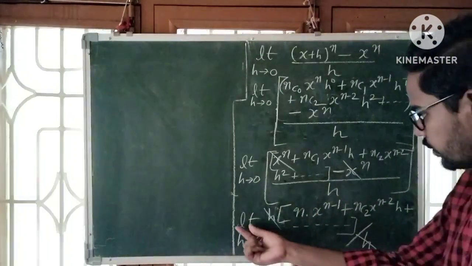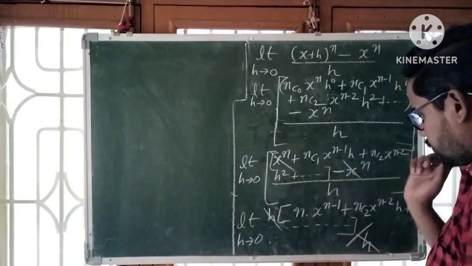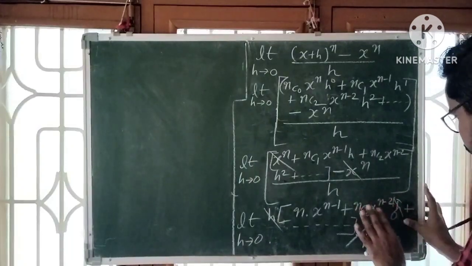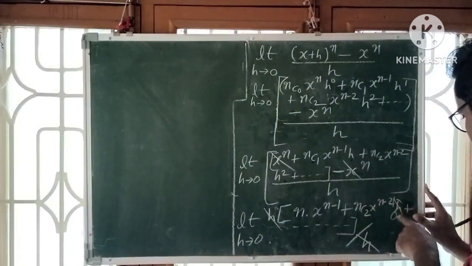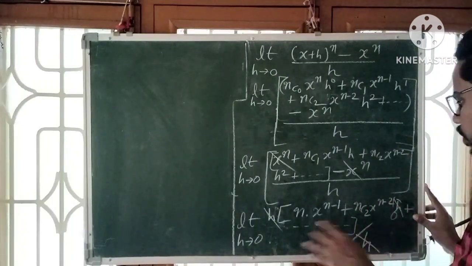So limit h approaches 0, put h is equal to 0 now. If h is equal to 0, then 0 into this term will be 0, next 0 square is 0, and all the remaining terms will be 0, because in all terms we have h.